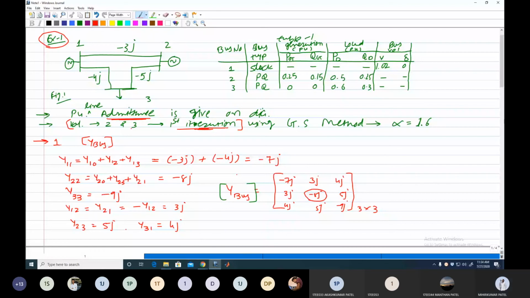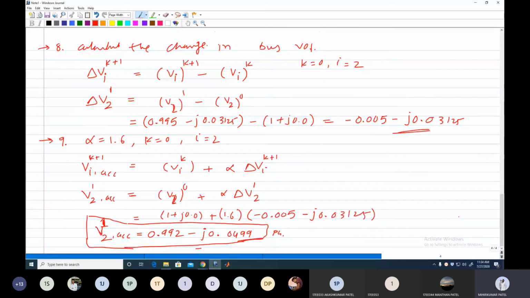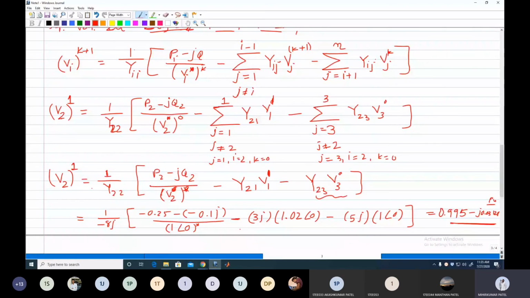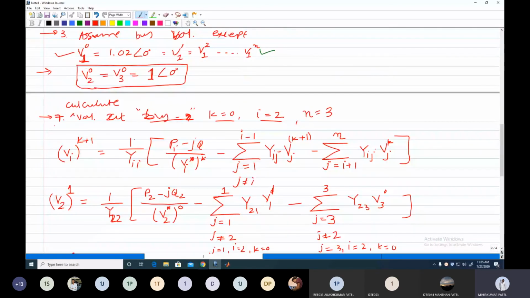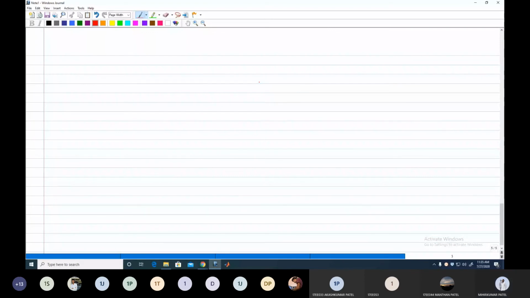So our next step is, we directly jump to step number 7 and repeat the process for i is equal to 3. Now just make a title: with respect to step 7, voltage at bus number 3.